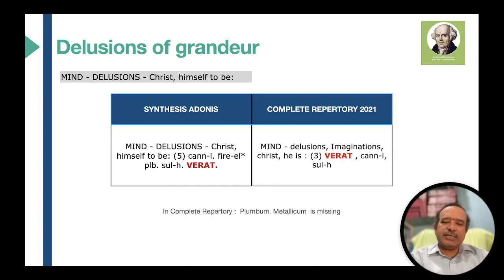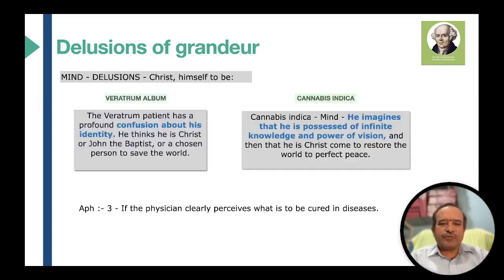In Veratrum album, the main theme is confusion of mind, confusion of identity. The Veratrum patient has a profound confusion about his identity. He thinks he is Christ or John the Baptist or a chosen person to save the world.